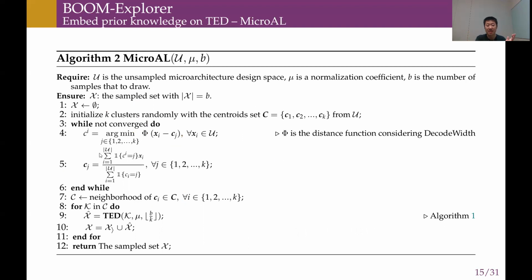As you can see from line 2 to line 5, we partition the design space with respect to decoding width as potential clusters. And then we use TED to sample in each cluster. And we believe that the samples formulated by MicroAL can be very representative of this design space.